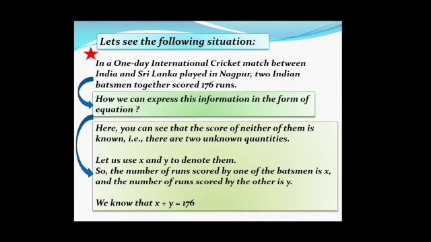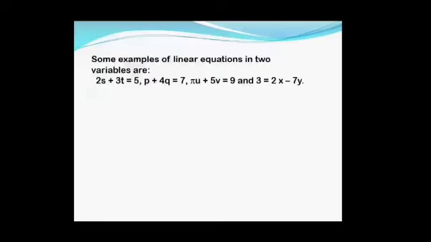Let us use x and y to denote them. So the number of runs scored by one of the batsmen is x and the number of runs scored by the other is y. So we will get x plus y equals 176. This type of equation is called a linear equation in two variables.